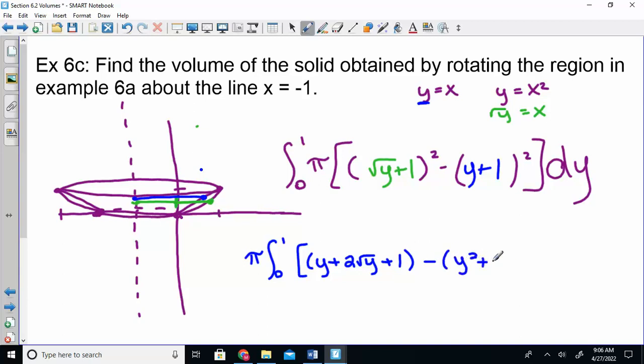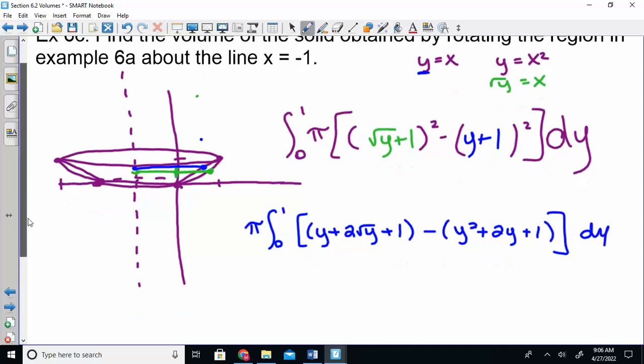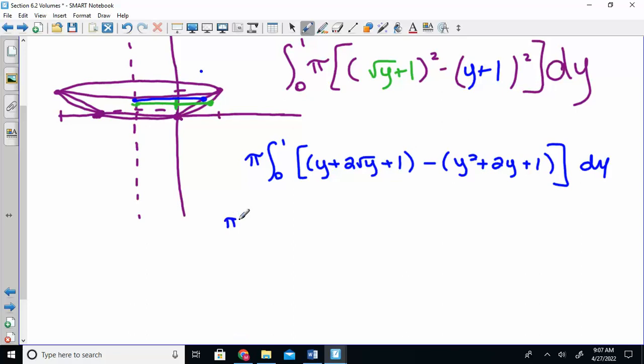Minus, this would be y squared plus 2y plus 1. So, combining like terms, if we distribute this negative, we will have a negative y squared. Positive y minus 2y is negative y. Positive 1 and negative 1 drop, and then the 2 radical of y, I'm going to write it as 2y to the 1/2.